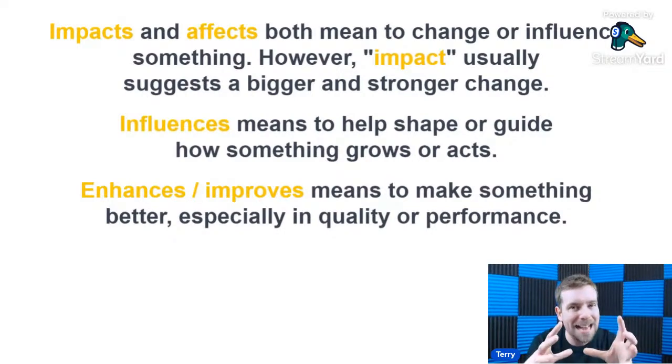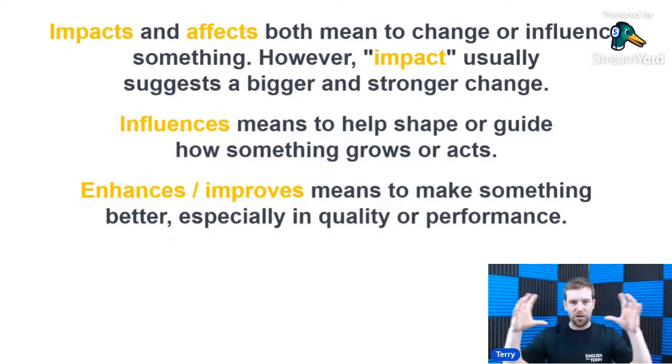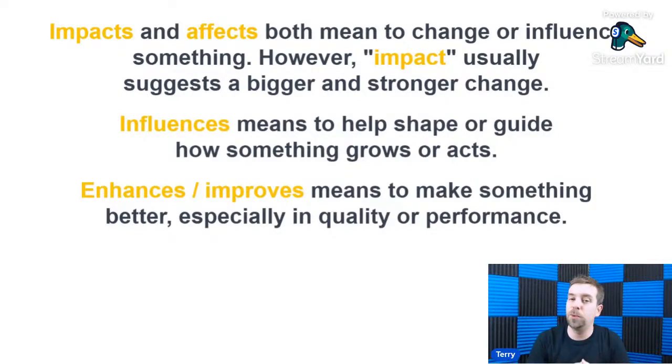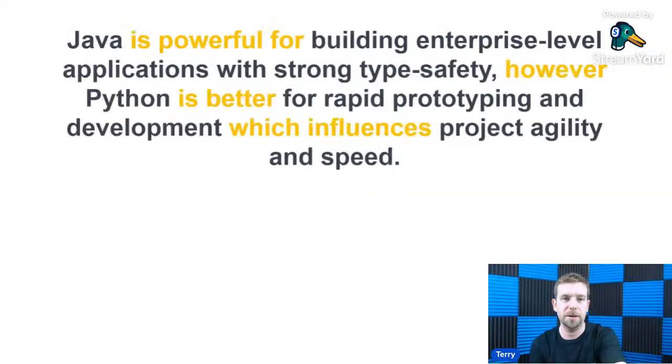Impact usually is a bigger, stronger change. Influences means to shape or to guide, right? Enhances and improves mean to make something better, especially in quality or performance. You talk about it: it enhances developer productivity, it improves developer productivity, right?